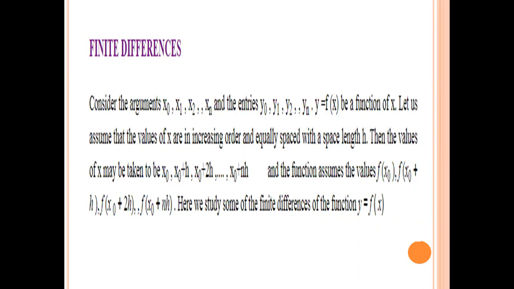Then the values of x may be taken to be x0, x0 plus h, x0 plus 2h, and so on x0 plus nh, and the function assumes the values f of x0, f of x0 plus h, f of x0 plus 2h, f of x0 plus nh. Here we study the finite differences of the function y is equal to f of x.